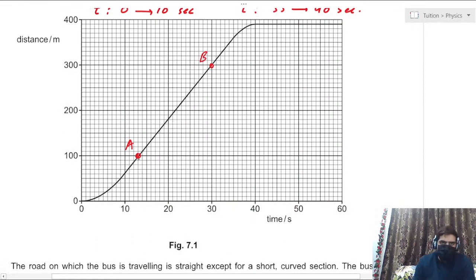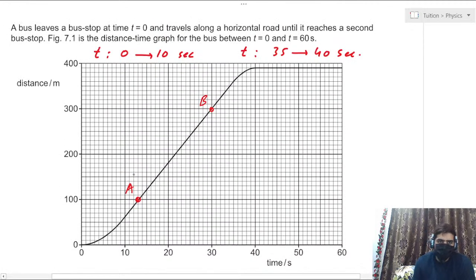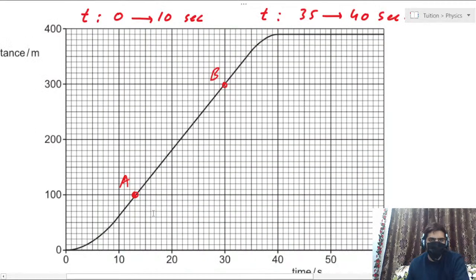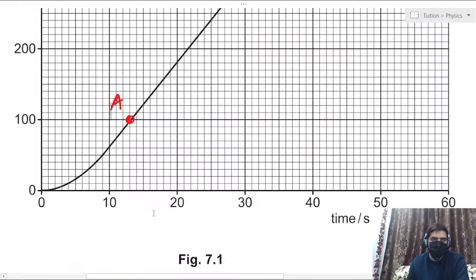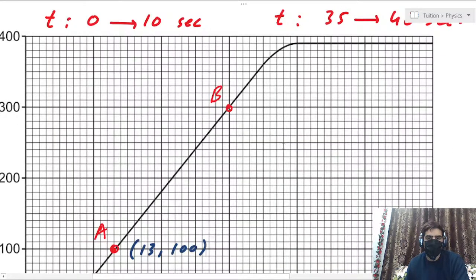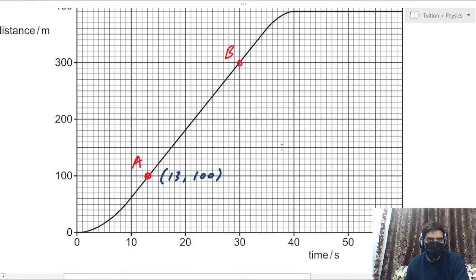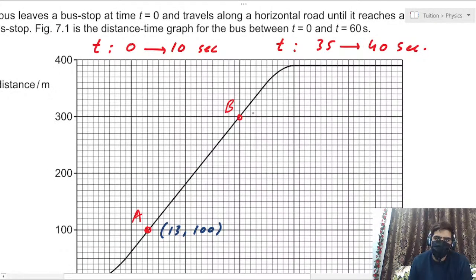Let me write down the coordinates. Point A would be, if I zoom in, 13 against 100. B can be 30 against 300.